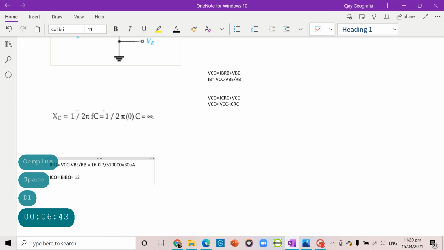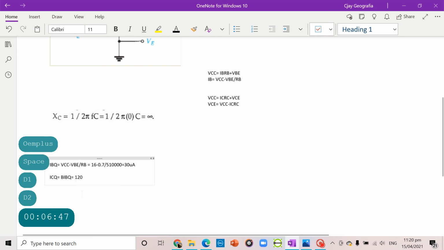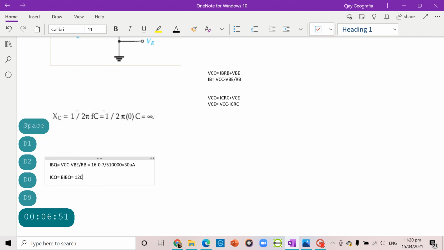It is 120 times our IBQ, which we already found to be 30 µA, so it is equal to 3.6 milliamperes. So we have now the value for the ICQ.